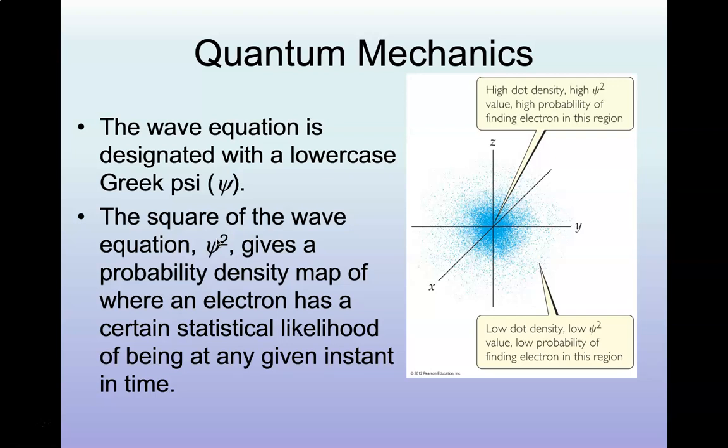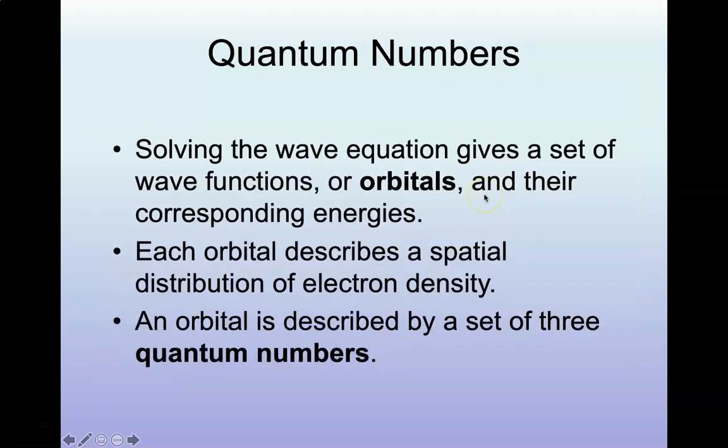What we just want to know is that this wave equation is denoted by the letter psi, and all it does is give us this kind of diagram. It predicts whether or not we will find an electron, and if we find that electron, in what shape around the atomic nucleus it will be found.